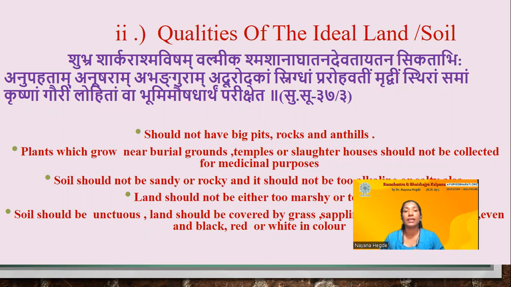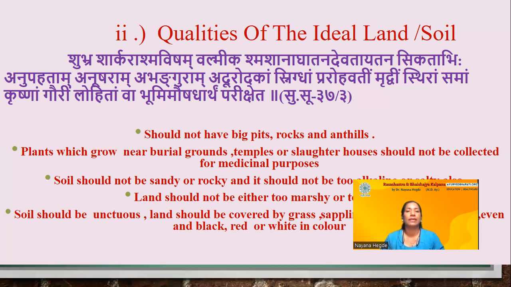Shubra, Sharkarashmavisham, Valmika, Smashana, Agatana, Devatayatana, Sikatabihi, Anupahatam, Anusharam, Abanguram, Adurodakam, Snigdam, Prarohavatim, Mridvim, Tiram, Samam, Krishnam, Gauri, Lohitam, Bhuvim, Aushadartam, Parikshet. If the land has these qualities, one should consider it for the collection of aushadhi dravyas.